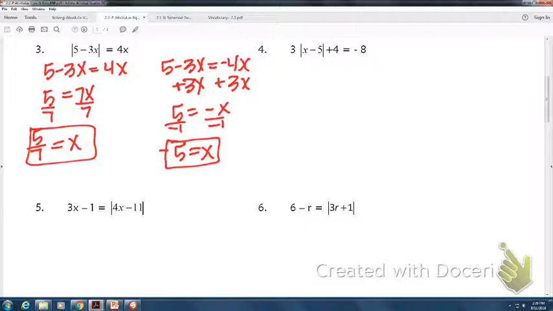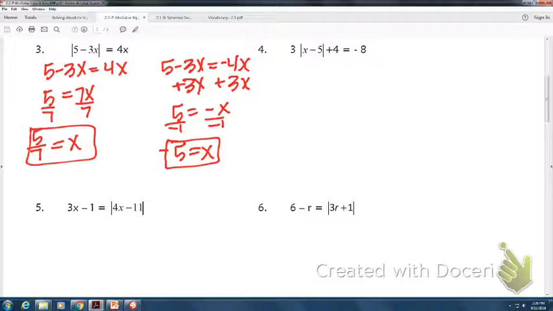So you want to verify when x is on both sides that your answers don't give you negatives. Sometimes the negative solutions do work, so you don't just immediately discredit them and cross them out. You need to actually substitute in and make sure that they give you positives.